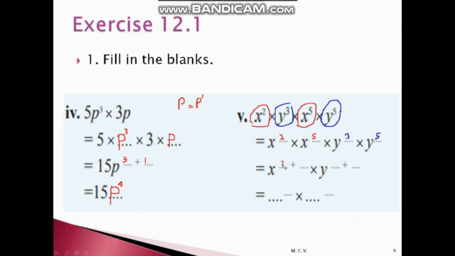So when we added indices 2 plus 5, 7. x to the power 7. y to the power 3 plus 5, 8. So x to the power 7, y to the power 8.